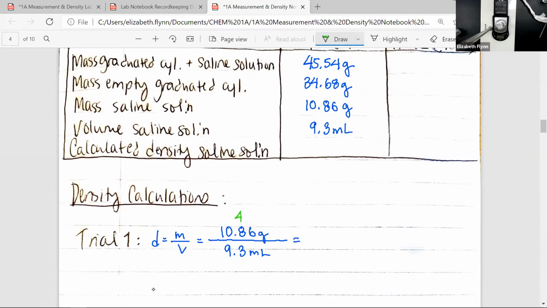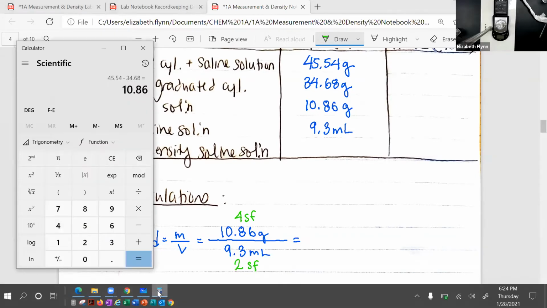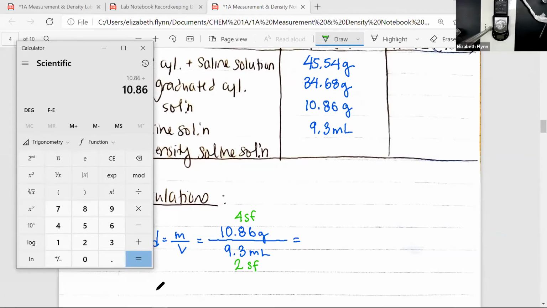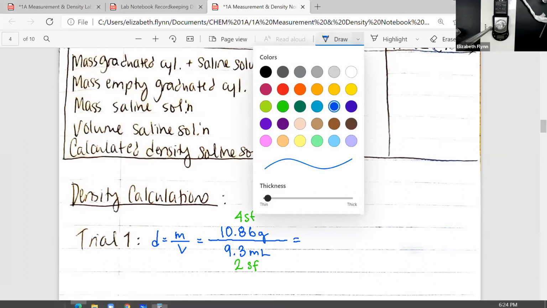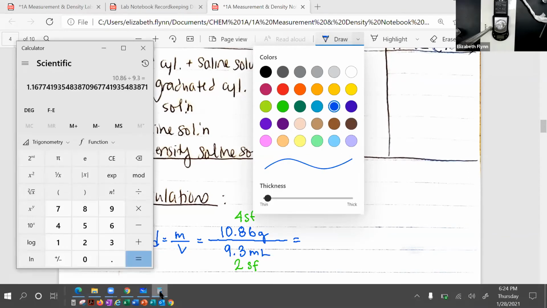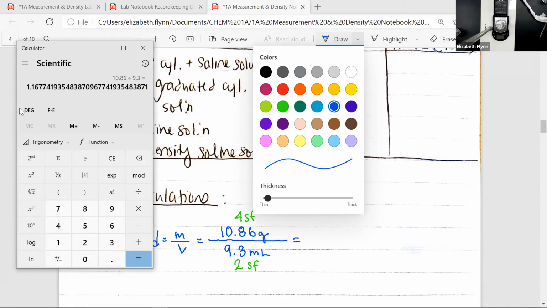We've got 4 sig figs in the mass. We've got 2 sig figs in the volume. And so when we do this division, 10.86 divided by 9.3, we got 1.677, etc.